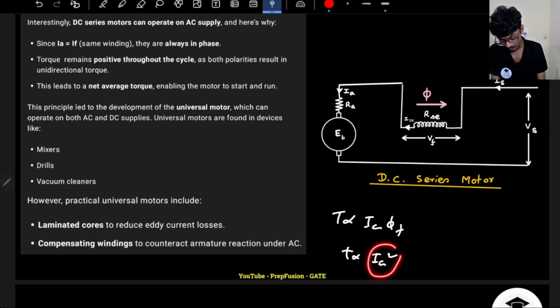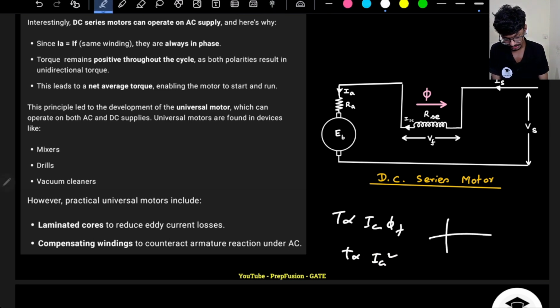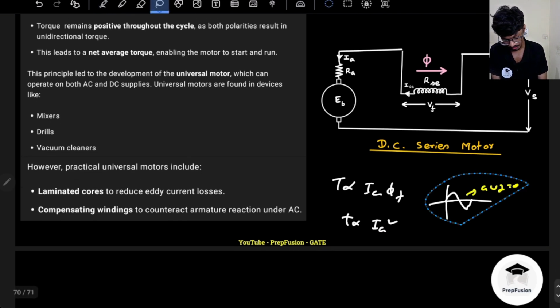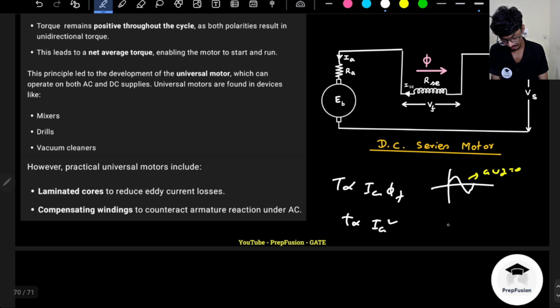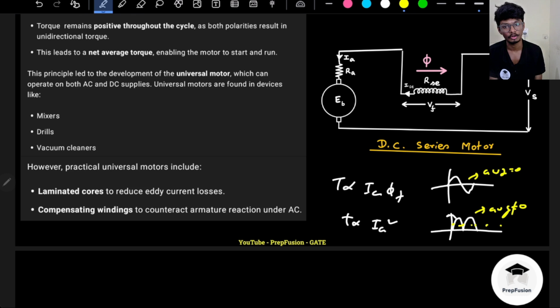But as it is proportional to a square, the sinusoidal graph is this, right? The average of this is 0. But as my torque is proportional to the square, the graph will be somewhat like this. Is the average here 0? The average is not 0. So the average torque is not 0. There will be some unidirectional torque developed.